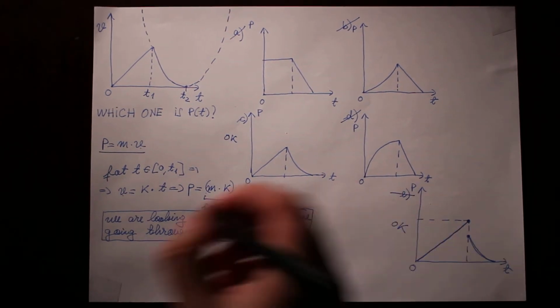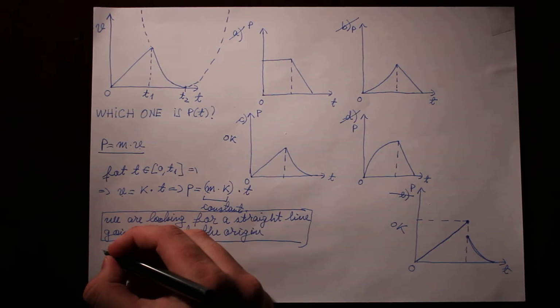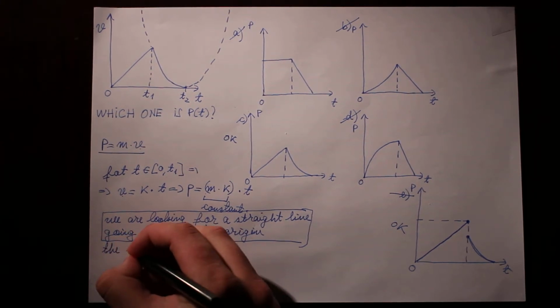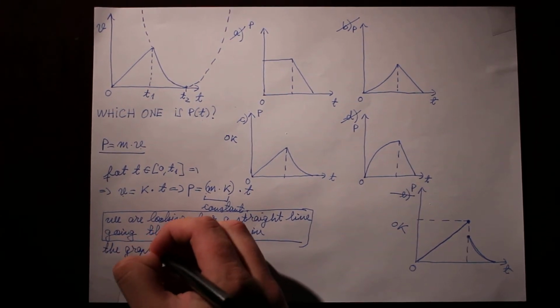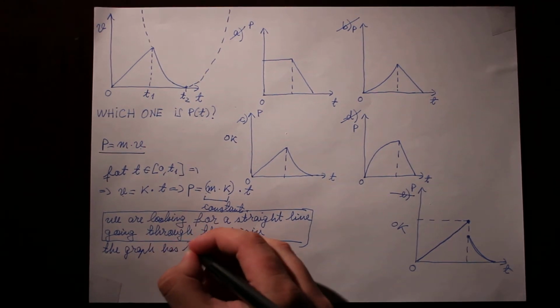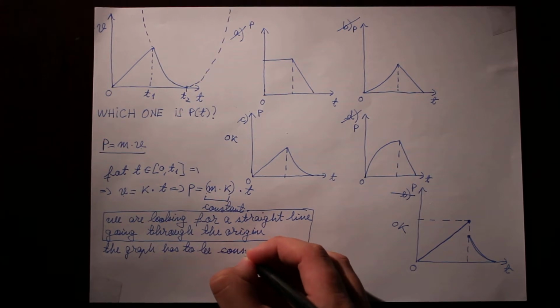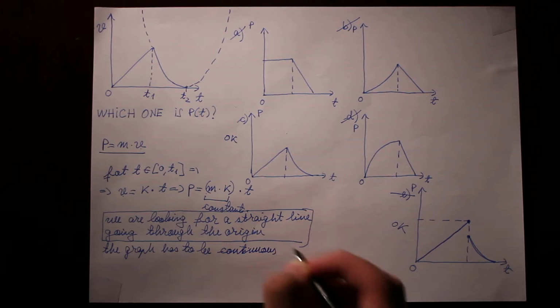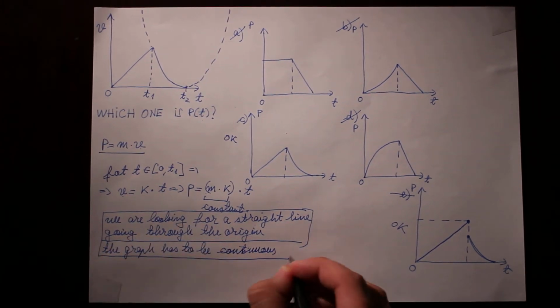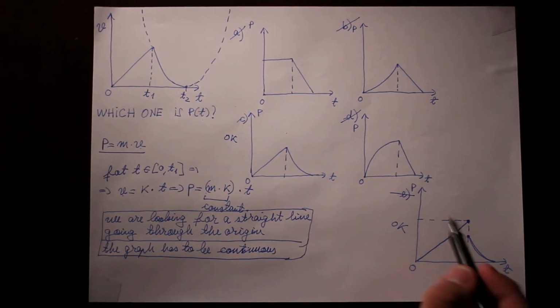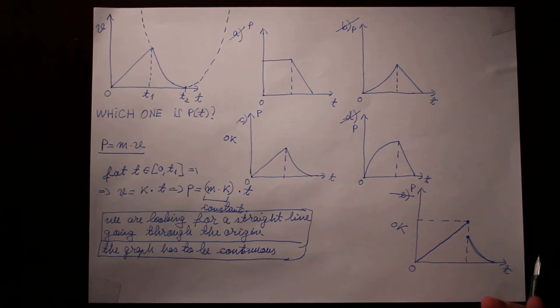The graph has to be continuous. Since this one has a gap, we have to rule it out.